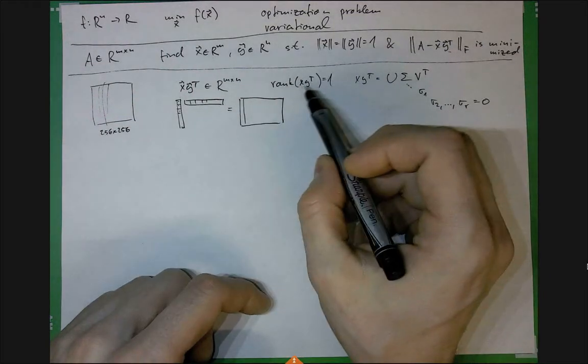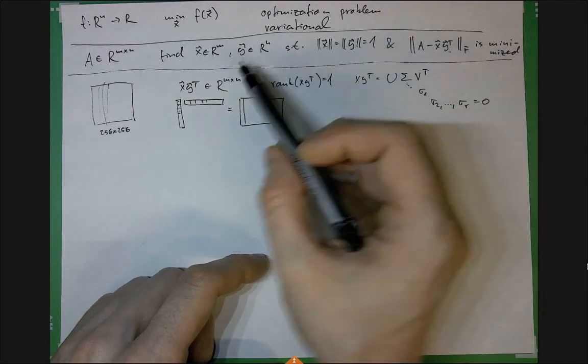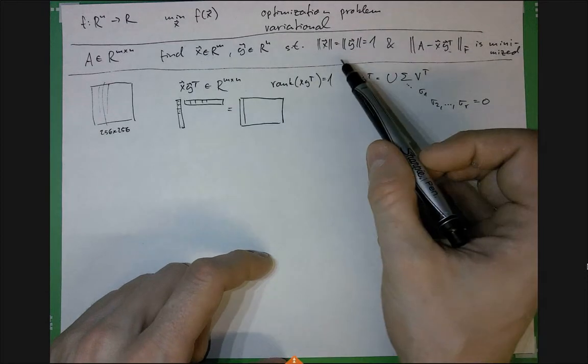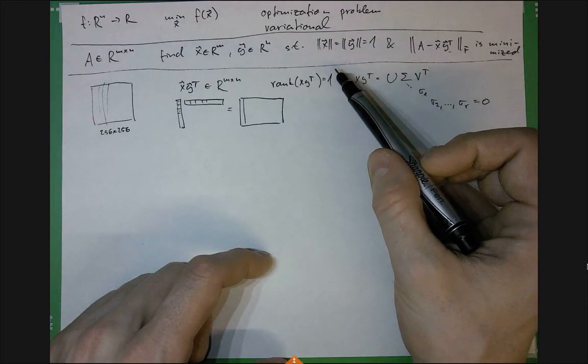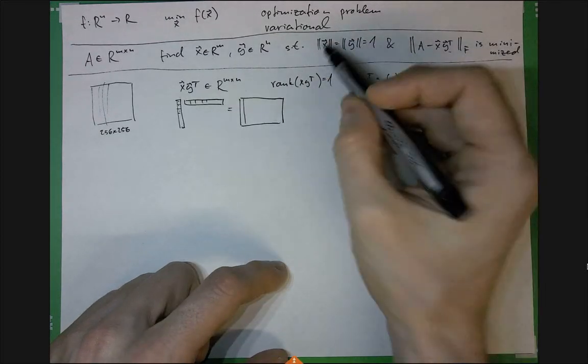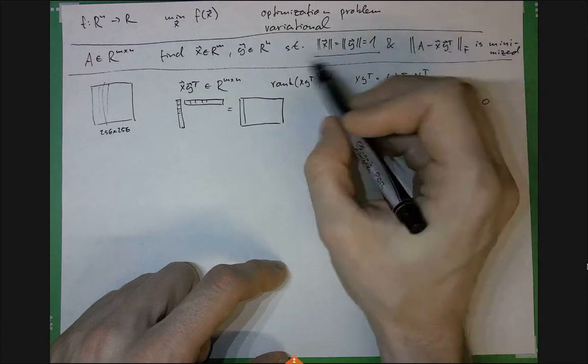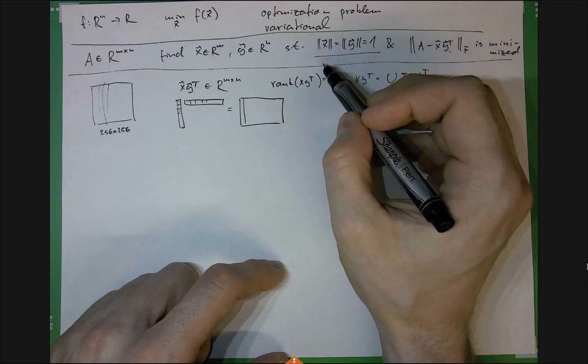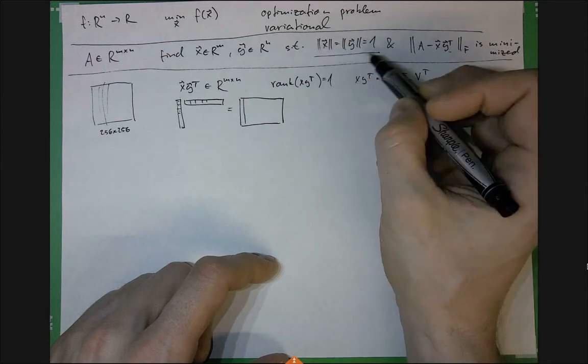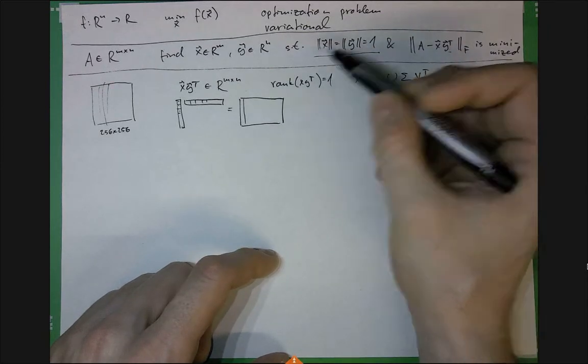So XY^T is a rank 1 matrix. Essentially this optimization problem is similar to the low rank approximation problem, except that we have these additional constraints. We don't want an arbitrary rank 1 matrix, but a rank 1 matrix which is an outer product of unit vectors.